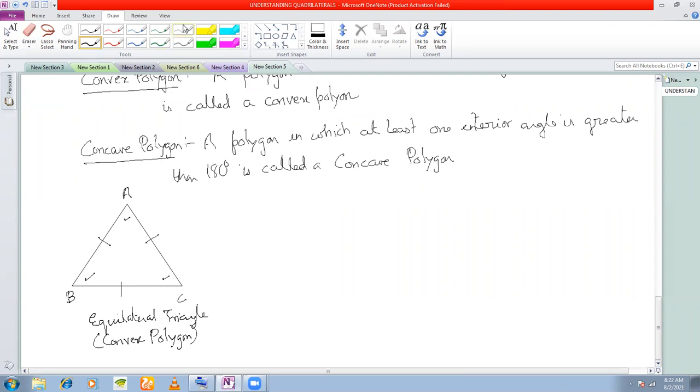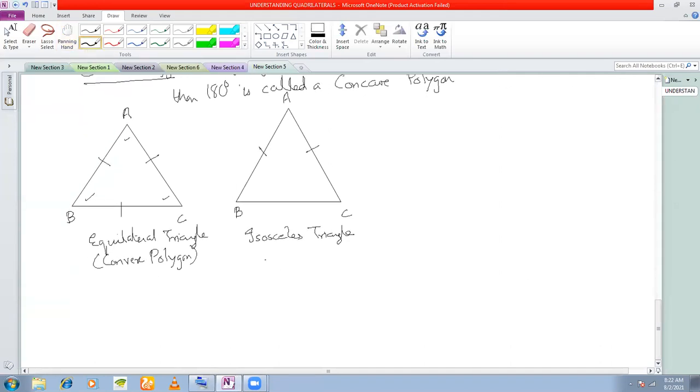Let's say an isosceles triangle. These two sides are equal in an isosceles triangle. What kind of polygon is it, concave or convex? This is also convex.